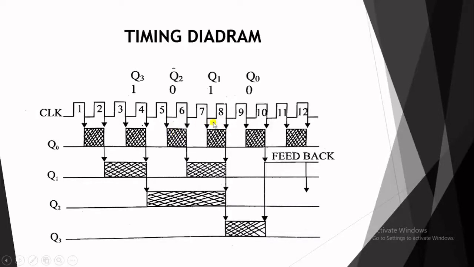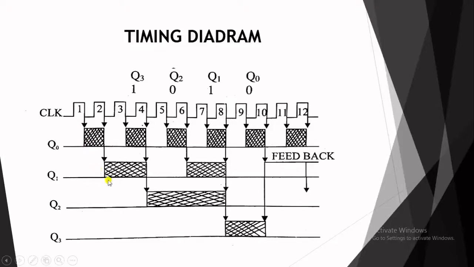Here you can see the timing diagram. It is similar to the 4-bit binary counter. When the negative edge transition occurs, the output of the flip-flop will change its state from 0 to high or high to 0.